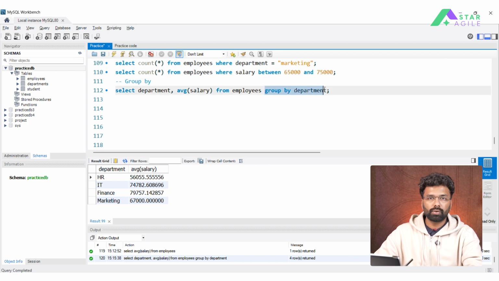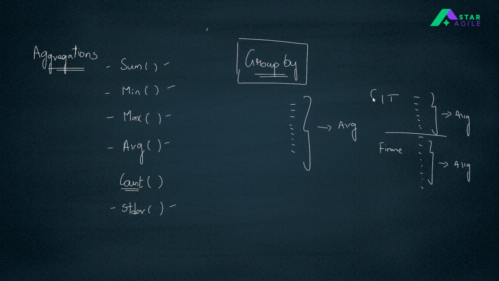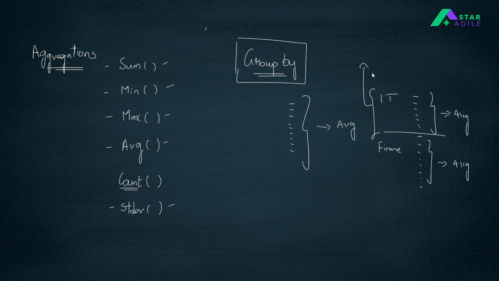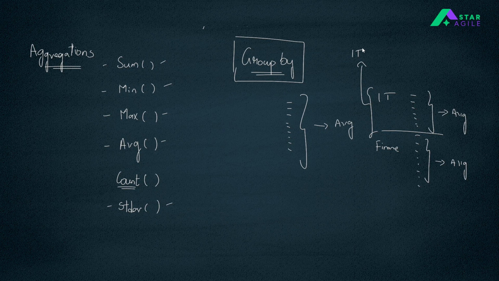Previously we got an error when we did only the aggregation and added additional columns alongside the aggregated columns without using group by, right? So now how am I able to print department and also the average aggregation? Because I am grouping. When I group the data, all the people who have IT as the department, for these people I can print IT as a single word.